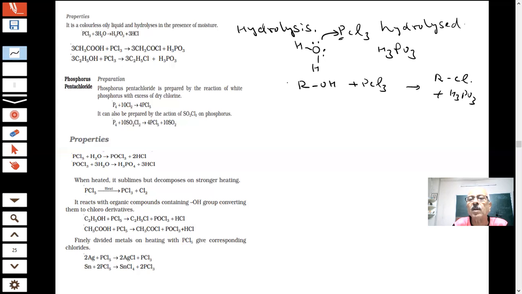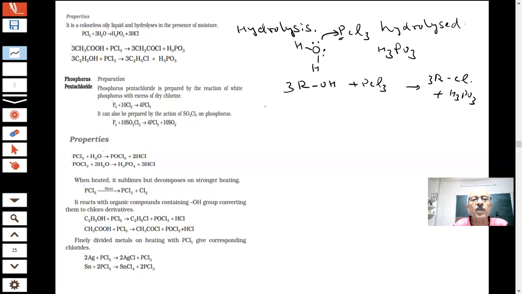So you can balance this: 3ROH plus PCl3 gives 3RCl and H3PO3. So you prepare alkyl halides from alcohols using PCl3. Similarly, with carboxylic acids it can produce acid chlorides, so they can be used for chlorination.